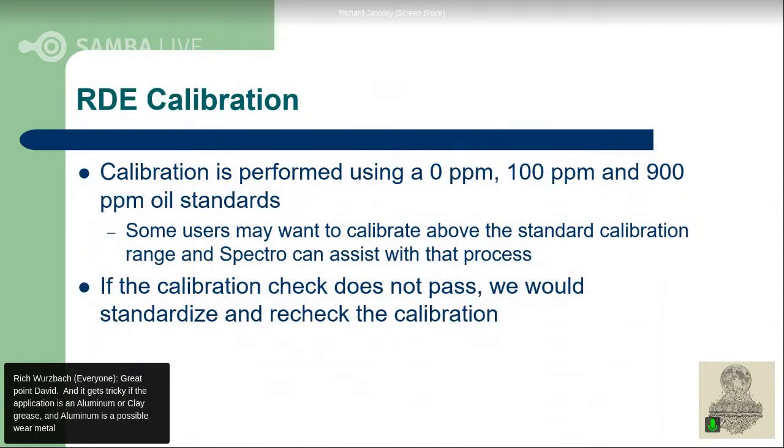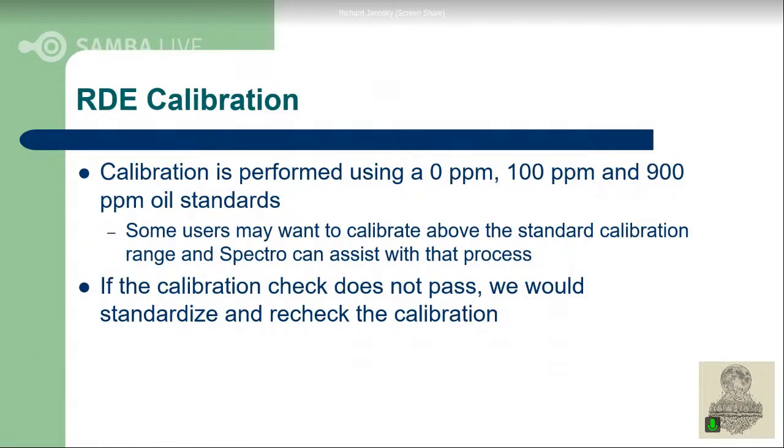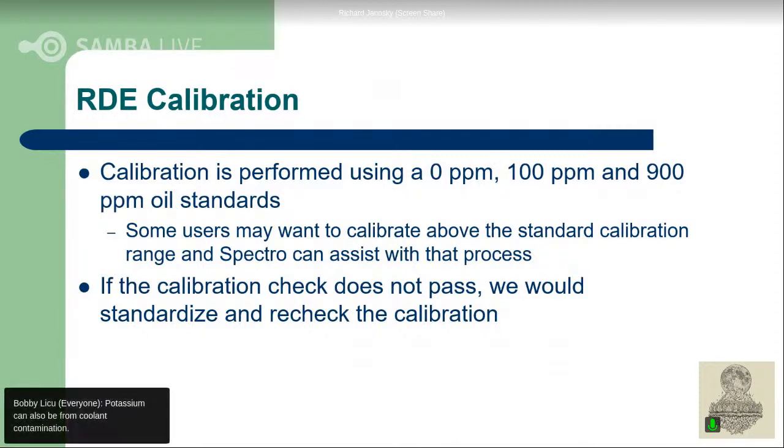So next we'll talk about the RDE calibration. The calibration on the RDE is performed using a 0 ppm, a 100 ppm, and a 900 ppm dissolved oil standard, and that is performed routinely when the unit needs standardized.